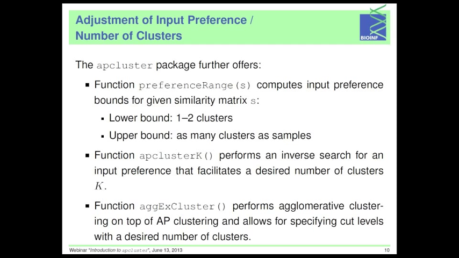It's a hierarchical clustering method, and you can not only use it on the similarity matrix or your raw data directly, you can also use it on top of an AP clustering. So if you have a result of affinity propagation that has, I don't know, slightly too many clusters, you can perform an agglomerative clustering to group some of them into larger clusters, and then you can also specify certain cut levels with a number of desired clusters. I will show you a little bit about this later on.